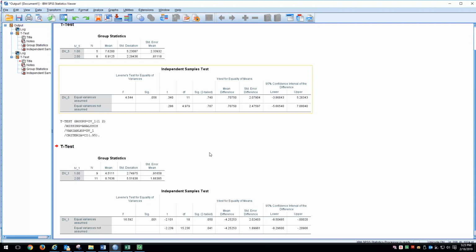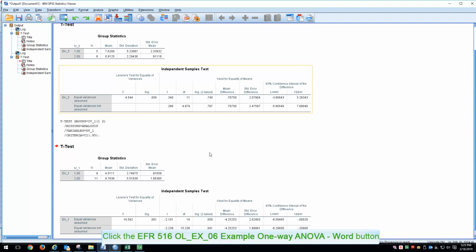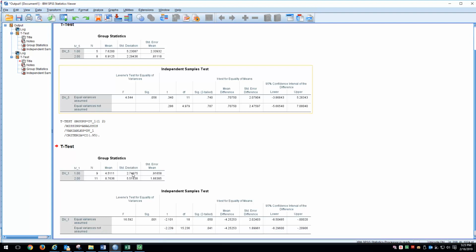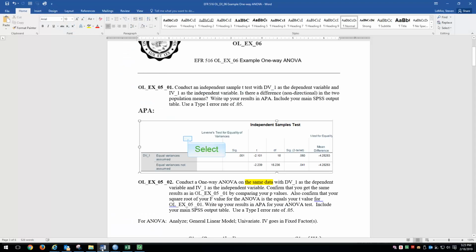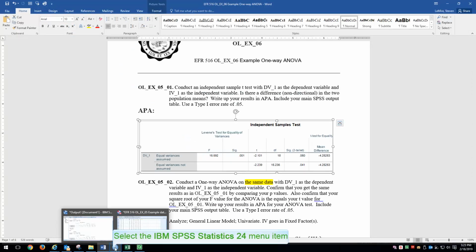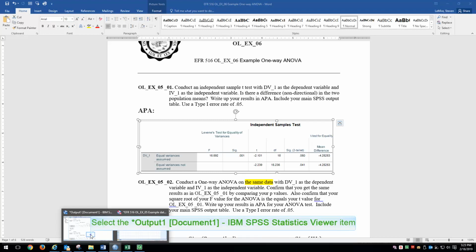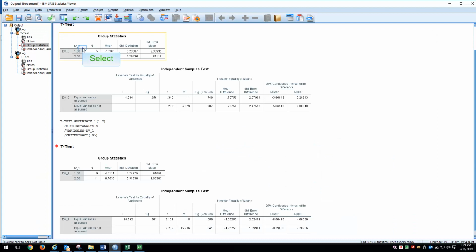So this gives us our output here with our means and our t-test table. So I've already brought this over into the assignment. So here's our table. So if we looked at the means in the output, I'll go ahead and bring those means over as well.